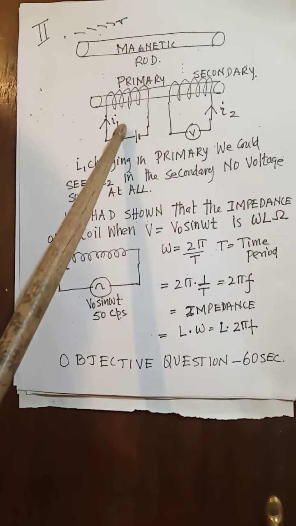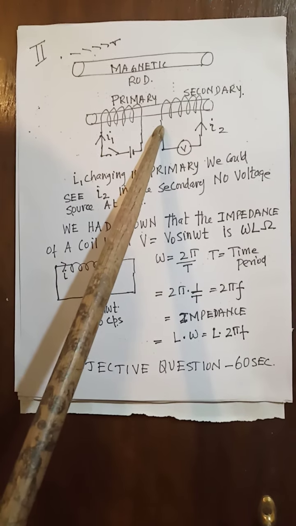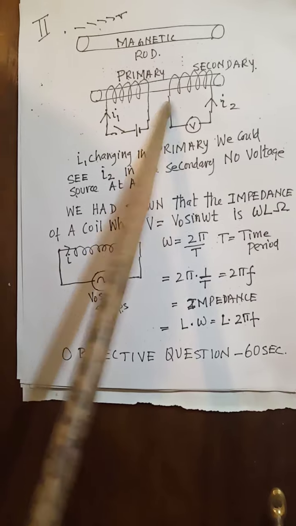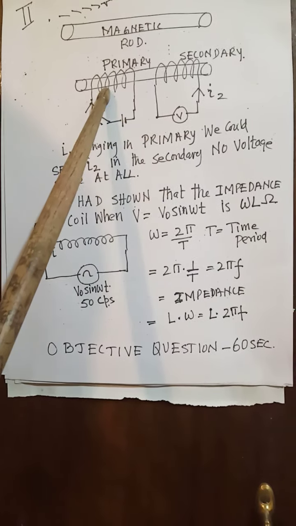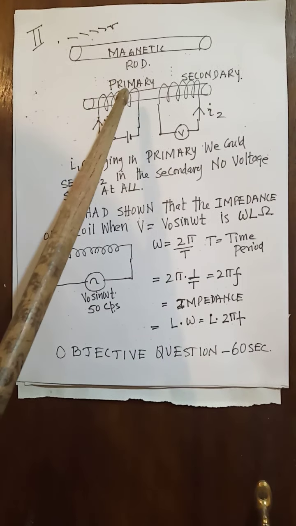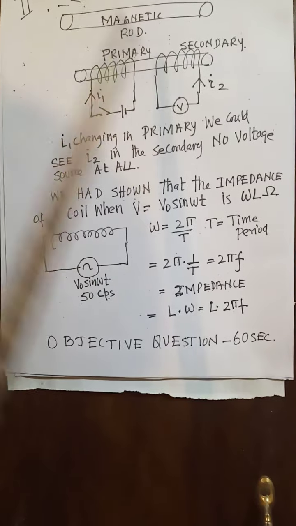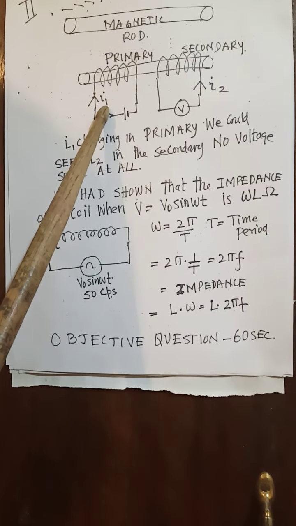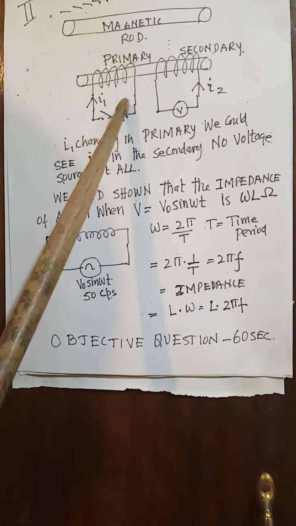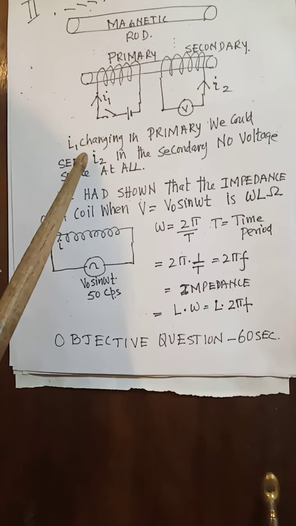At the same time, if you look here, you will see a voltage, either to the left or right. This is known as mutual inductance, not like self. This is the primary, this is the secondary. Nothing is there on the secondary, only the change is in the primary, and this is mutually connected, so mutual inductance.